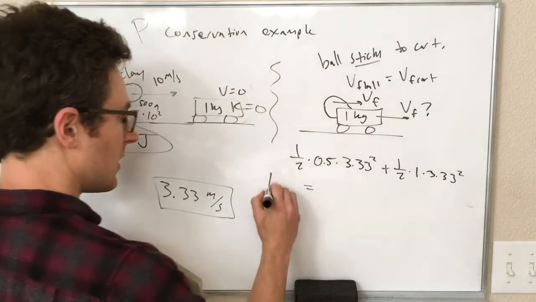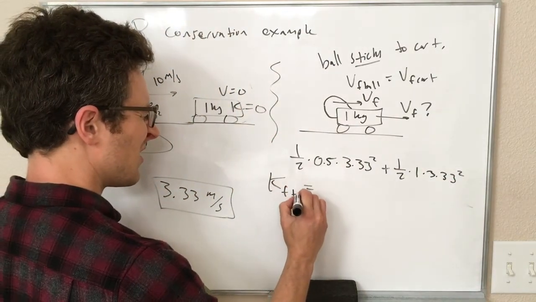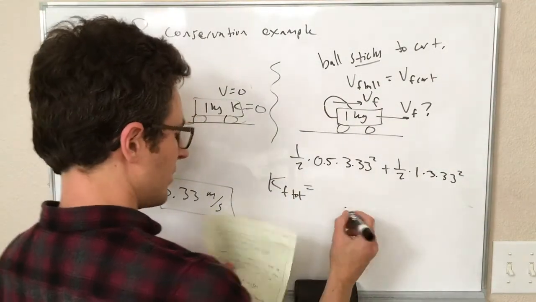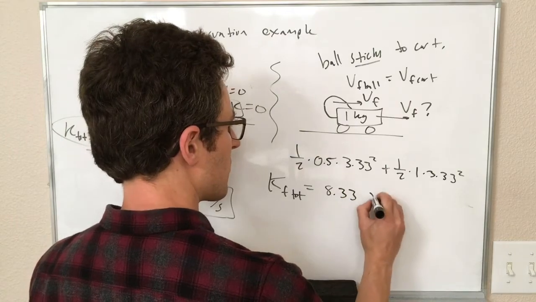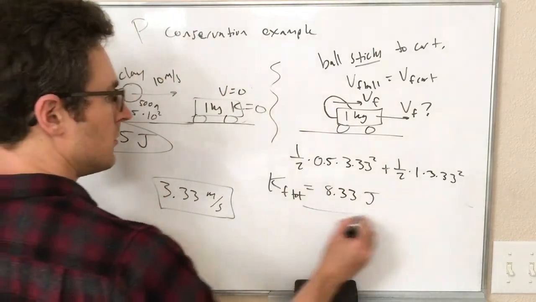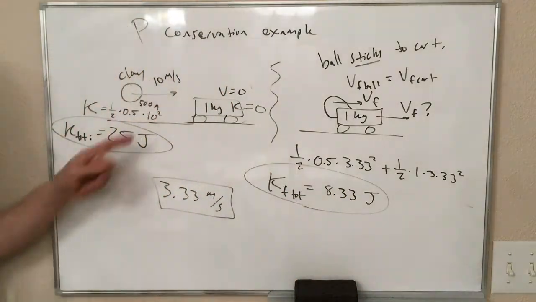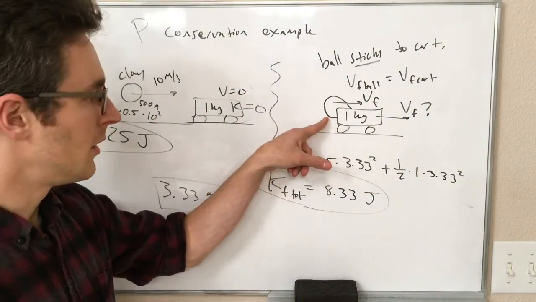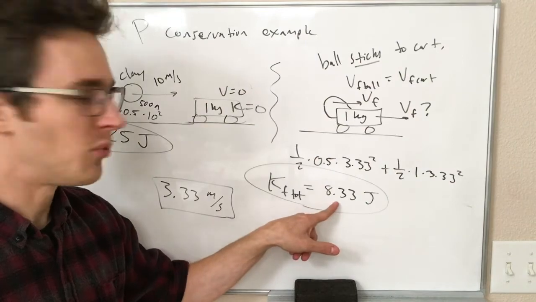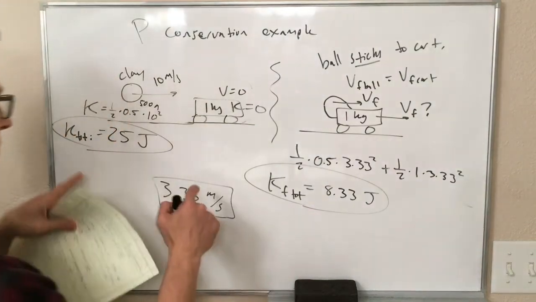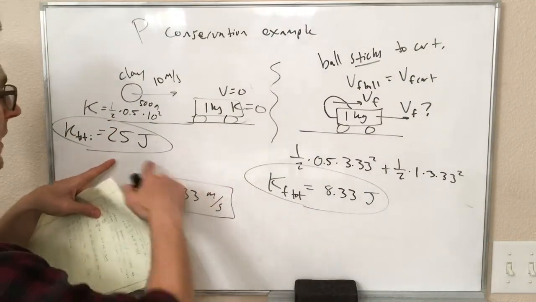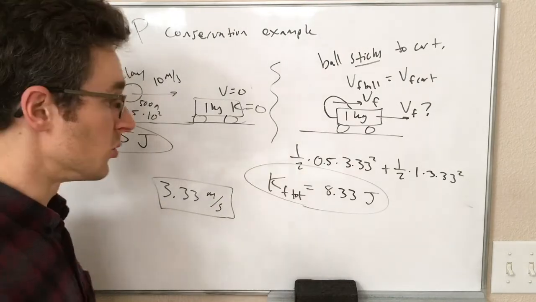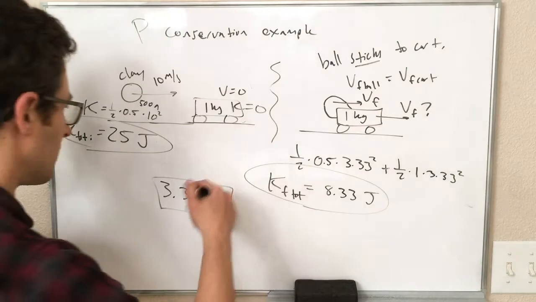And so our total kinetic energy at the end, if we type this in the calculator, we get 8.33 joules. So we start with 25 joules. Our clay ball mashes against the cart, and we end up with 8.33 joules. So in other words, our kinetic energy has decreased by 16.7 joules. That is 25 minus 8.3.